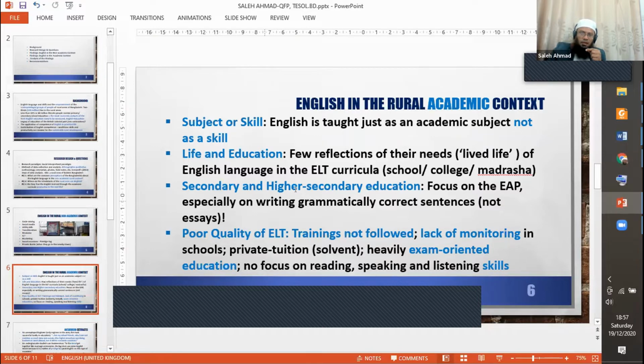But the problem is, I found that in madrasas English is not taught at all, though there is a textbook designed by the government, because there is no English teacher in most madrasas. So this is a special finding of this research. And then there is poor quality of teaching; the contributing factors include trainings not followed, lack of monitoring, heavily exam-oriented education, and no focus on reading, speaking, listening skills. There is no focus at all.